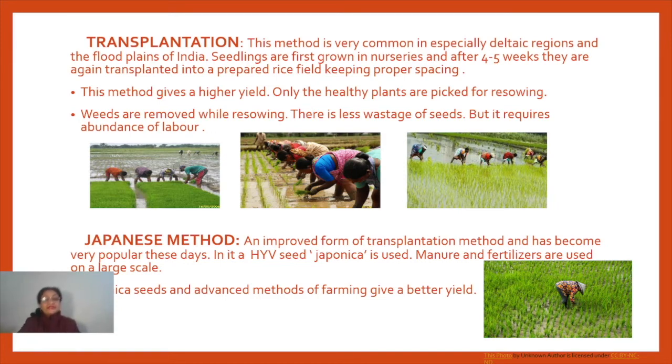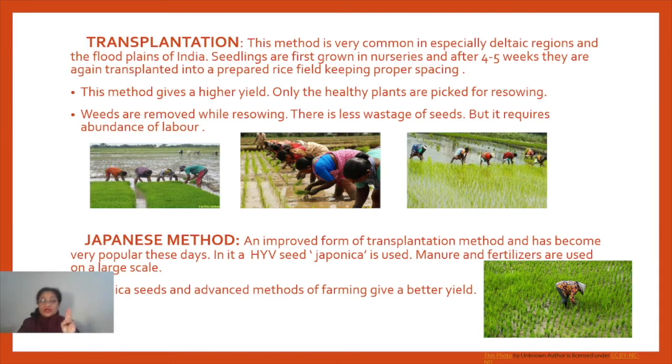Only the healthy plants are taken out and resown in the field. We are able to ensure that unhealthy plants are not there for the transplantation in the field. So only healthy plants are taken out.